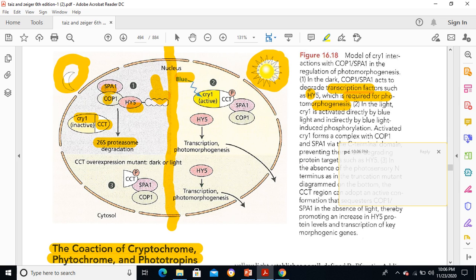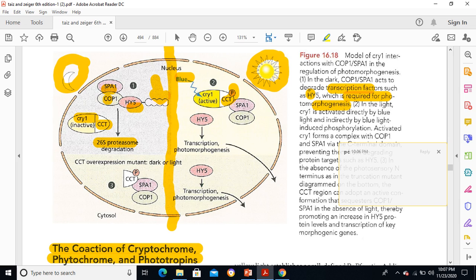The light will be sensed by the N-terminal domain. So this Cry1 will be active and there will be some conformation change and the C terminal will be phosphorylated. And to this phosphorylated C terminal domain, SPA1 and COP1 will bind.